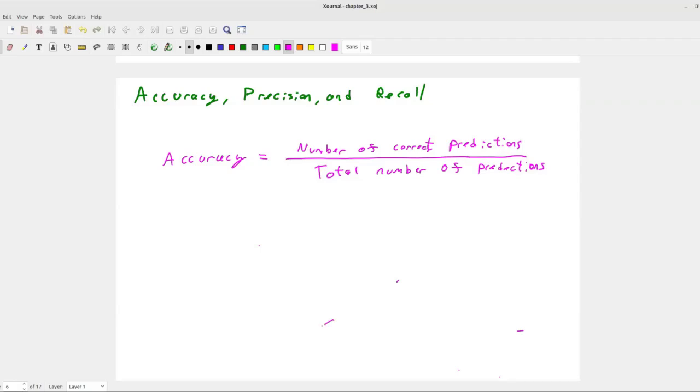Or another way to say that is accuracy is equal to true positive plus true negative over true positive plus true negative plus false positive plus false negative.